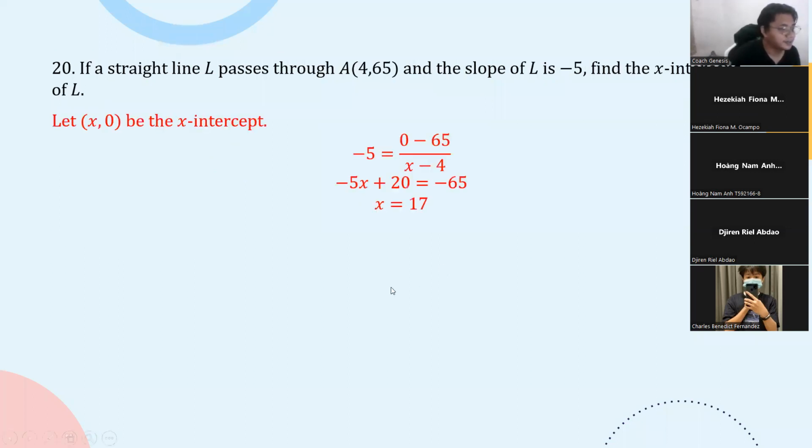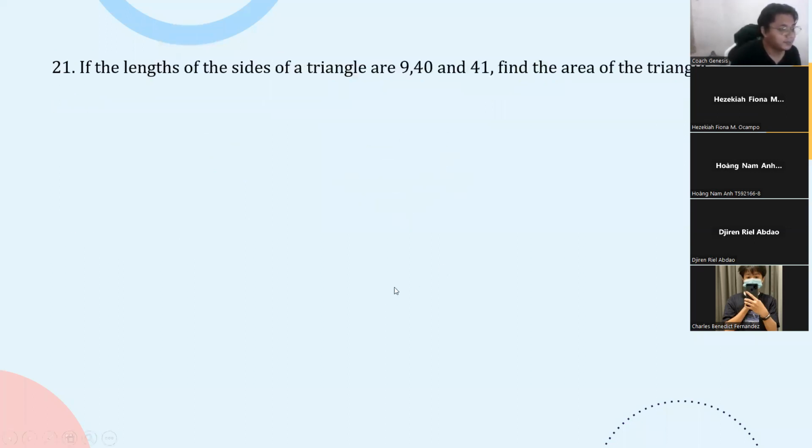Okay. So 21. We are given three sides and then we find the area of the triangle. Sometimes it is very beneficial for participants to know Pythagorean triples, because that will save you a lot of time.